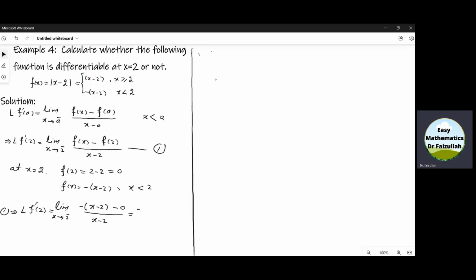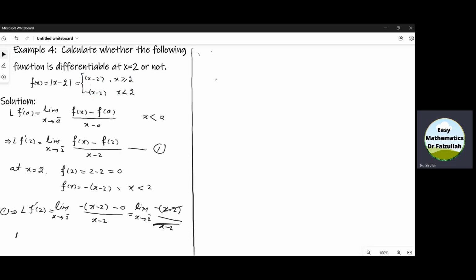From this we get, let us write the limit, x approaches 2 minus, and here we have minus of x minus 2 divided by x minus 2. They will cancel with each other.